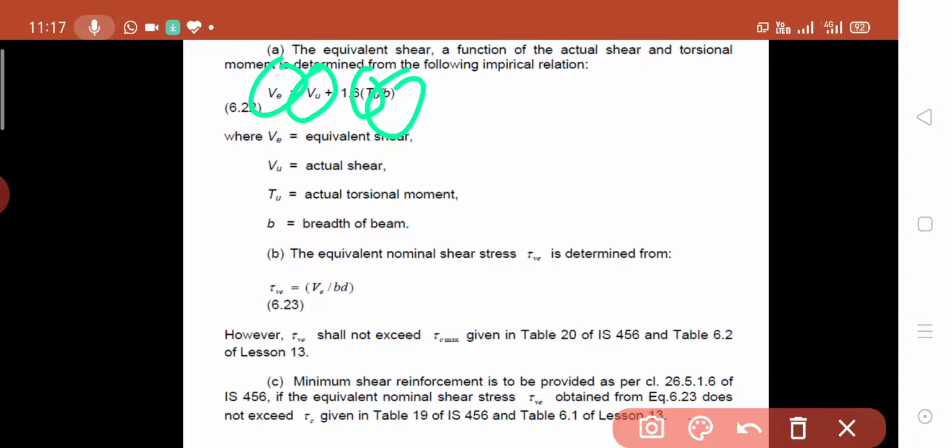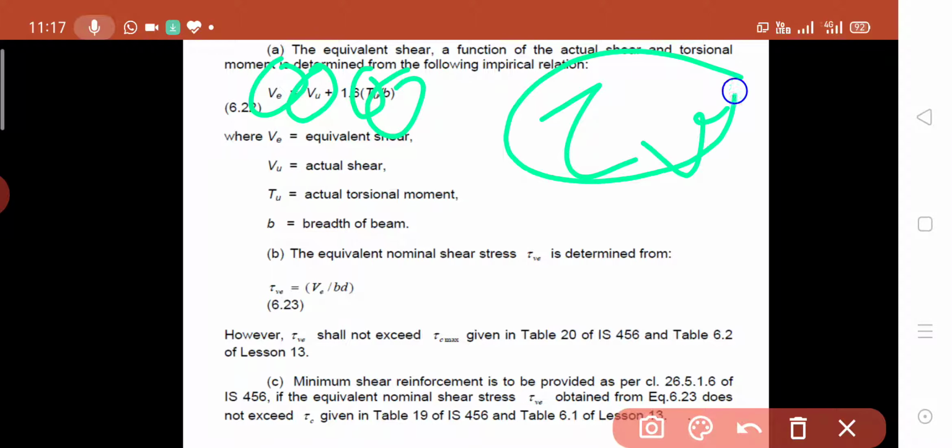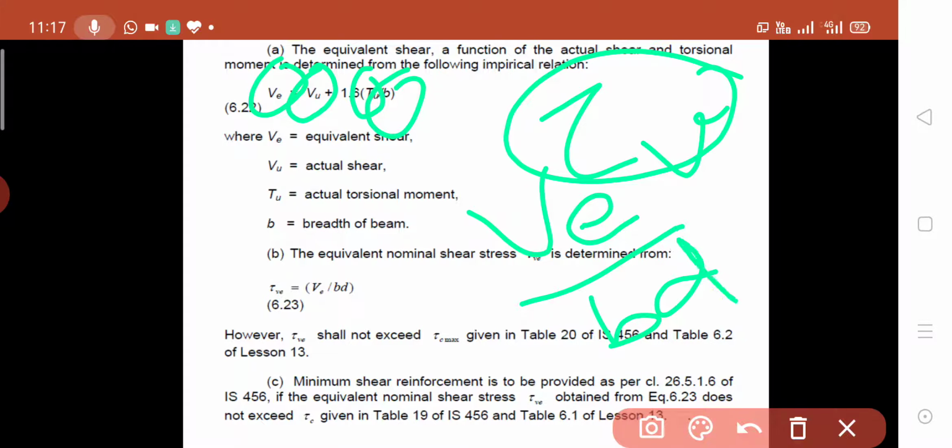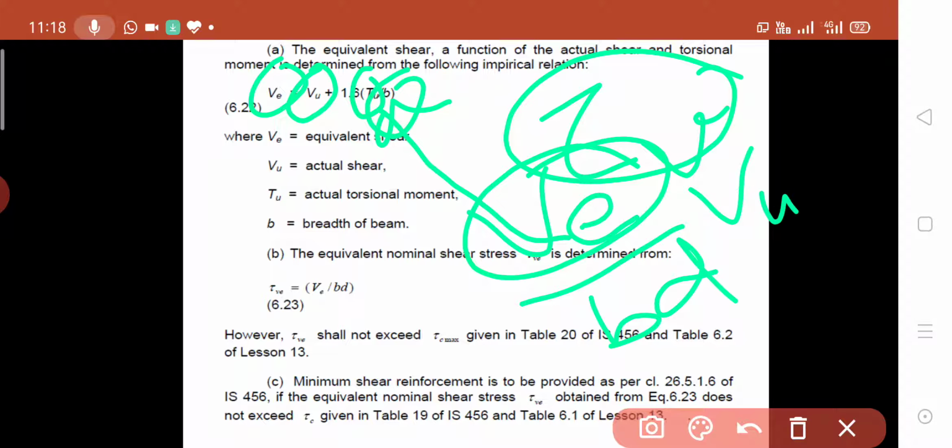In this formula, the equivalent nominal shear stress, which is tau V, we determine by the formula VE upon BD, and VU is the actual shear.